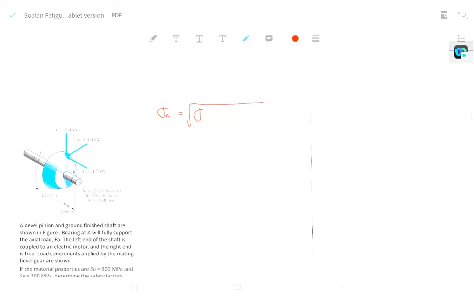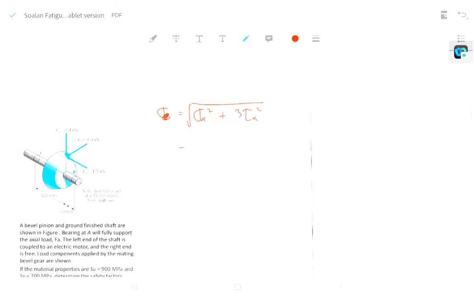So it means that sigma, this is equivalent, sigma A equivalent. We just have the alternating stress because our mean stress is zero. So we don't have any shear stress, tau.